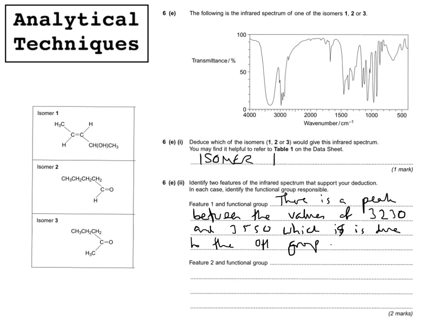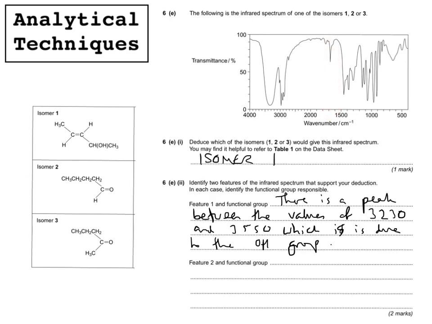And the second feature, well, if you look at the compound, you can see that the other functional group in the isomer is a C-C double bond. And if you look at your data table that you can find in your book, you can find that a C-C double bond will create a peak between 1620 and 1680, and that's this peak here. If you look down, that's between 1600 and 1700, or between 1620 and 1680.